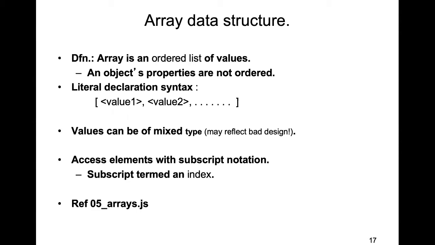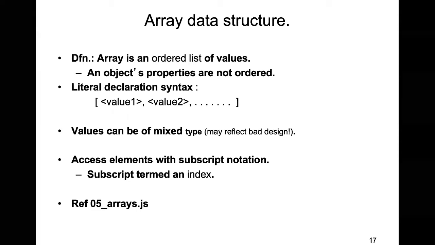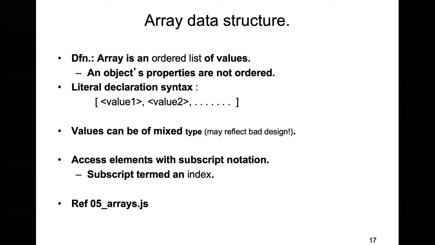Now, that might reflect a poor design, though. It's probably not good design to have different types within an array, but the language allows it, unlike in Java, where you have to declare the type of the various elements in an array. It doesn't apply to JavaScript, but it's probably frowned upon from a design point of view.